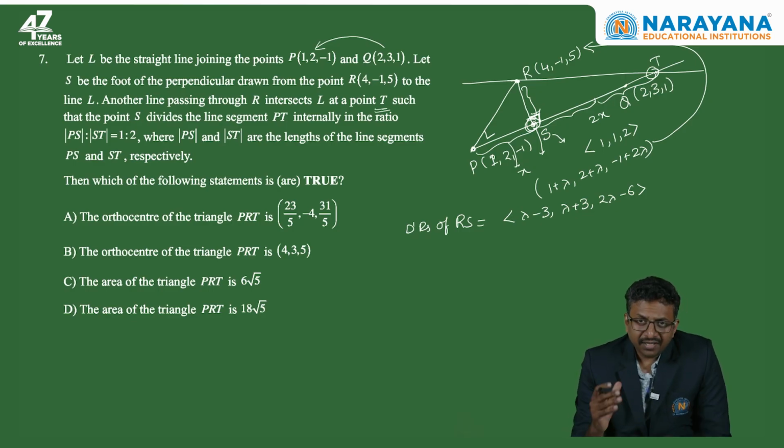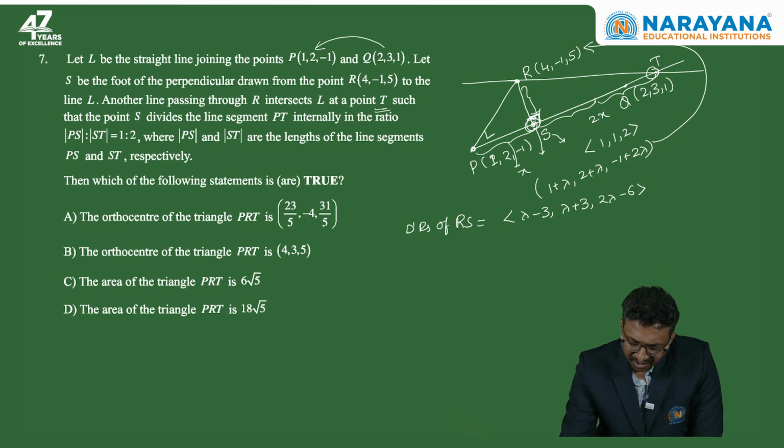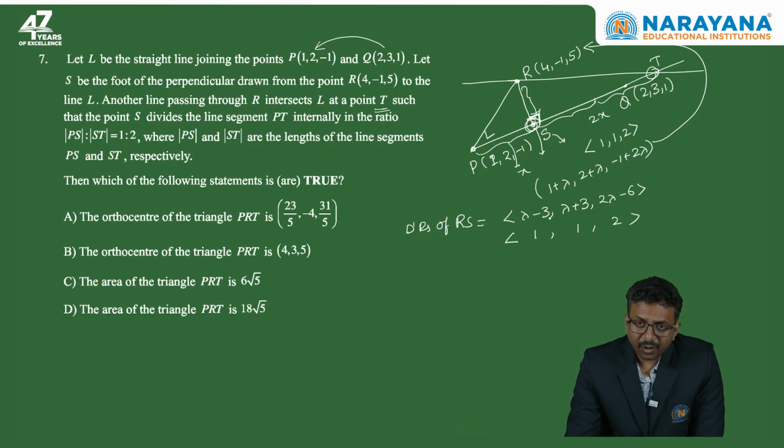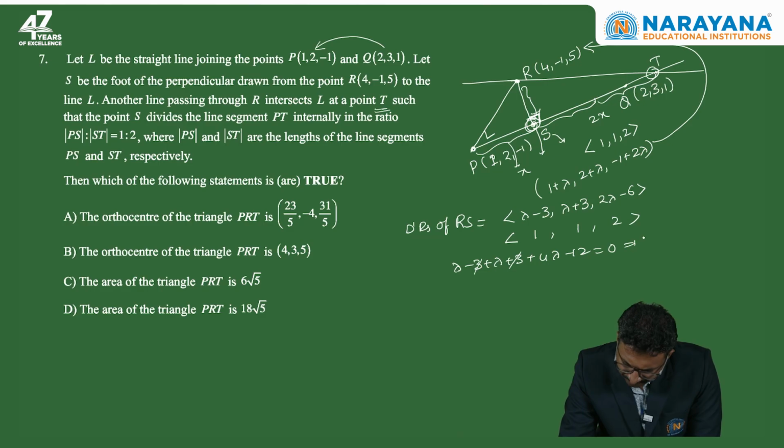The dot product of the DRs of RS and the DRs of the line L has to be equal to 0. So lambda minus 3 plus lambda plus 3 plus 4 lambda minus 12 is equal to 0, which implies 6 lambda is equal to 12, lambda is equal to 2.